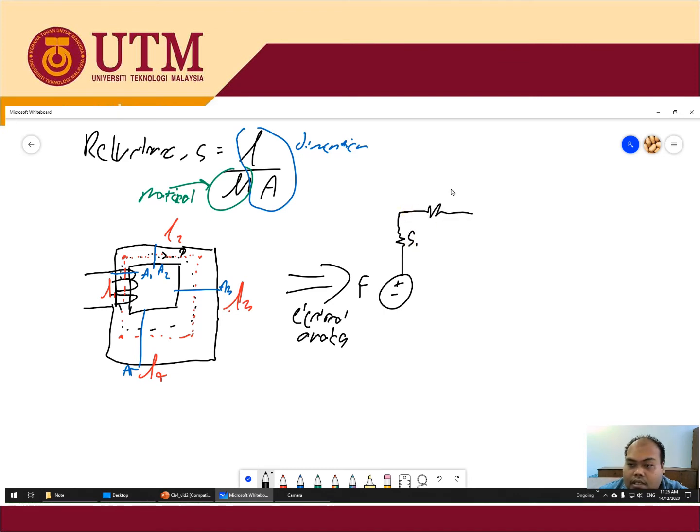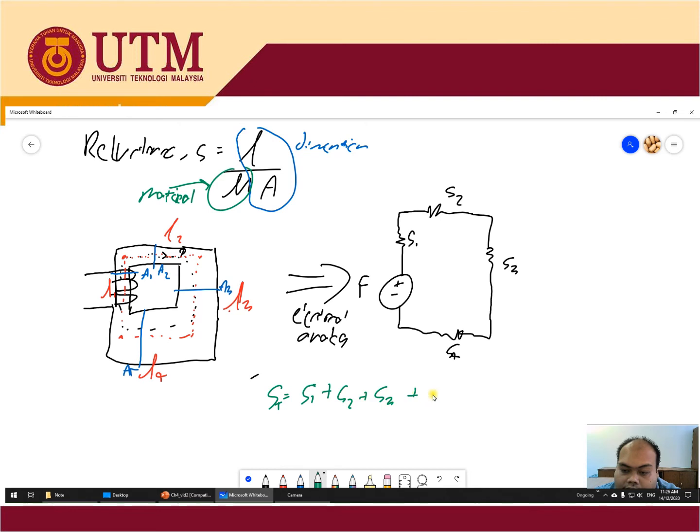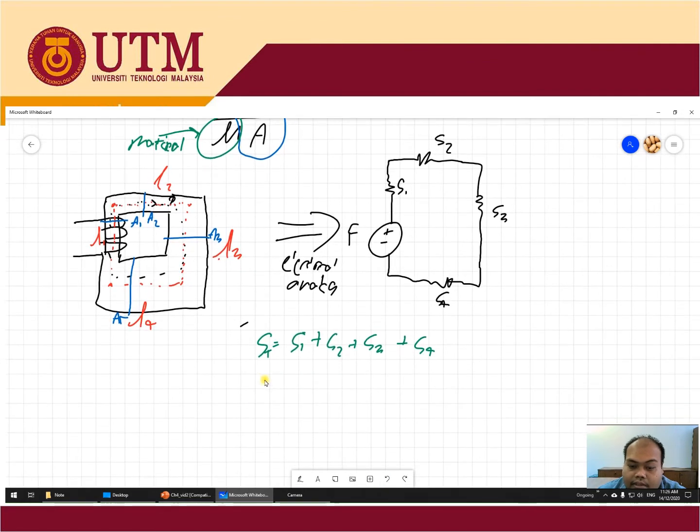This one is S2, this one is S3, this one is S4. Because this is in series, S total is just S1 plus S2 plus S3 plus S4. If it's in parallel, you have to use the Kirchhoff current divider rule and everything. You can use all of this theory, but because this is in series, you just add it up.